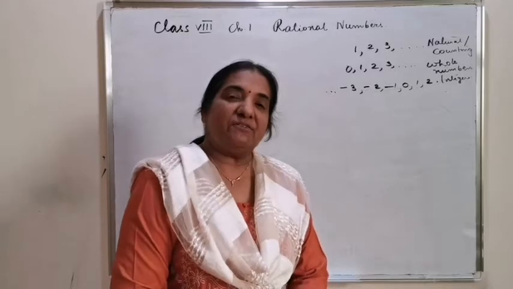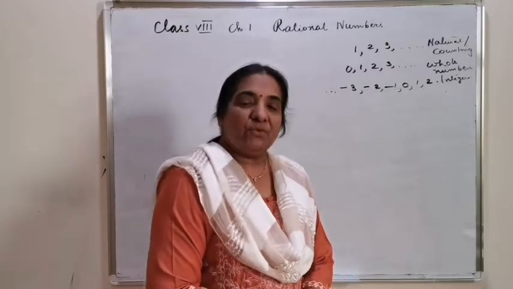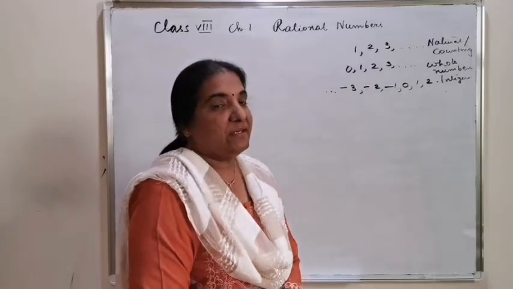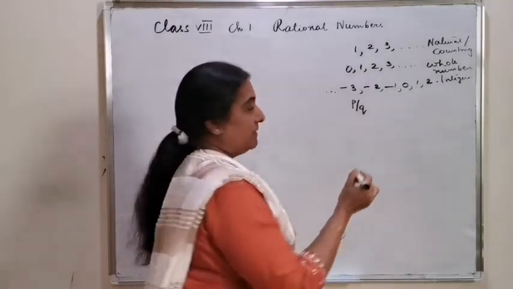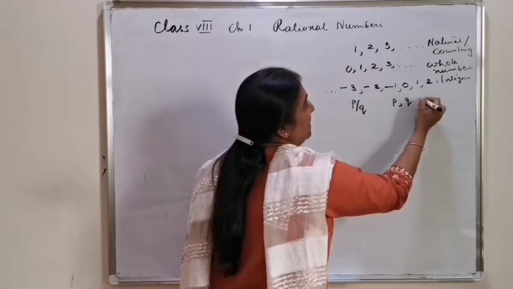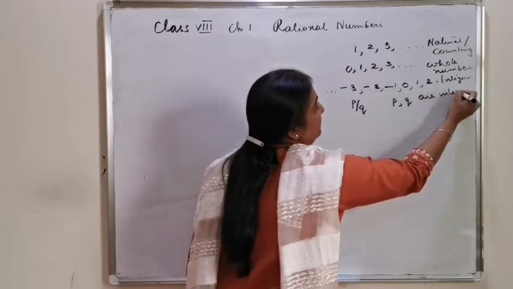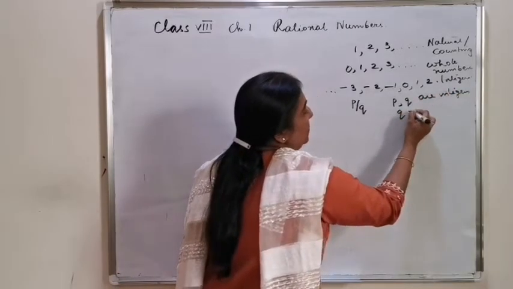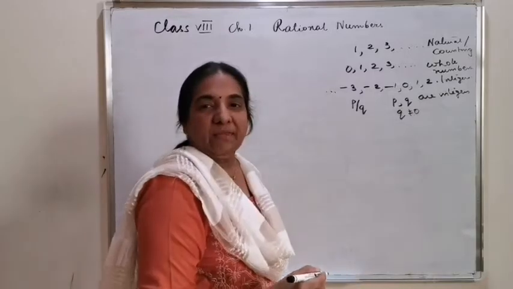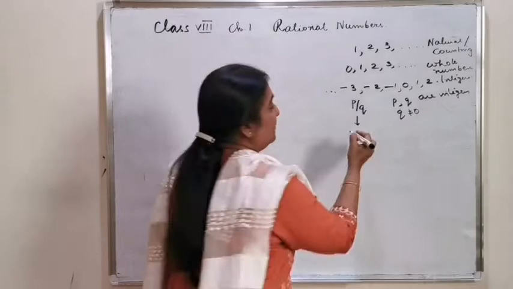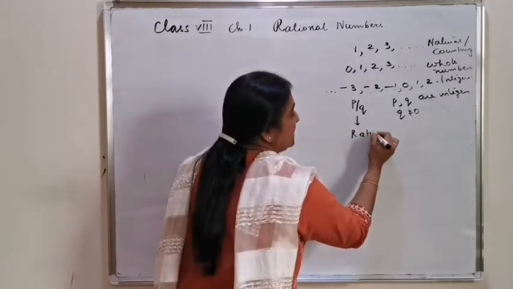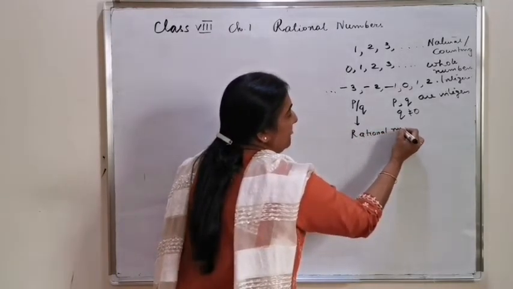as a continuation from integers, you were introduced to numbers of the form p by q, where p and q are integers, q not equal to 0, and such numbers of the form p by q were called rational numbers.